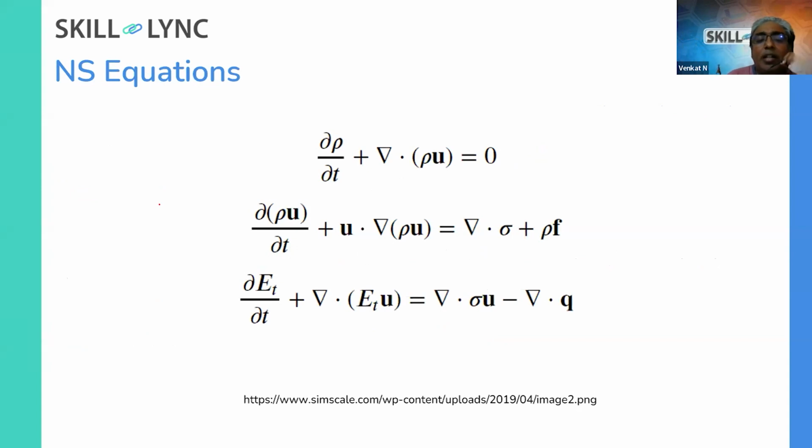So here, can anyone tell me what form of the NS equations I am showing you on this slide? What form? Conservative. Okay. Anyone else? Partial. That's good. You're close. Partial PDE.